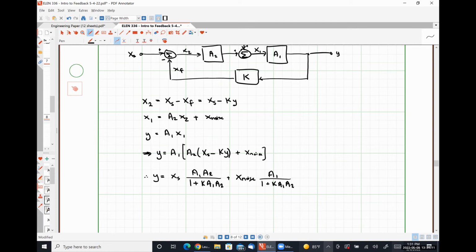So what has happened here due to the application of negative feedback? When we had our open loop system, our signal and our noise were scaled by the same amount.